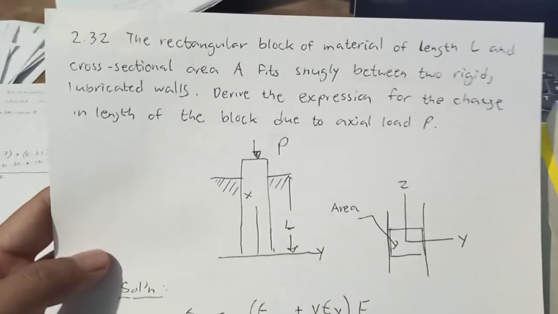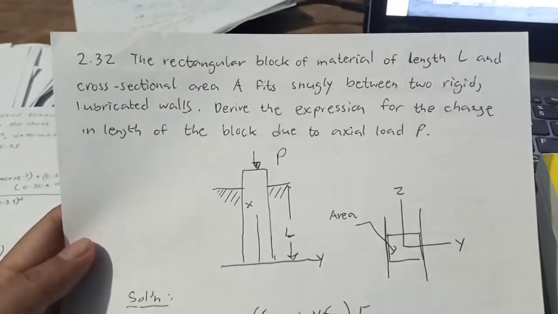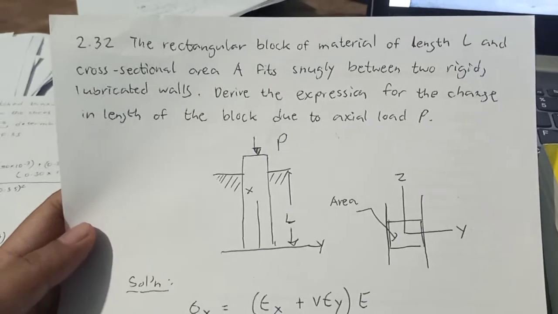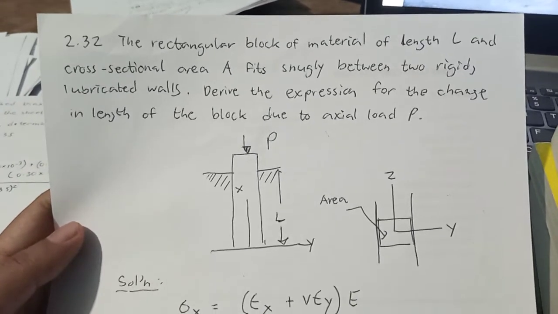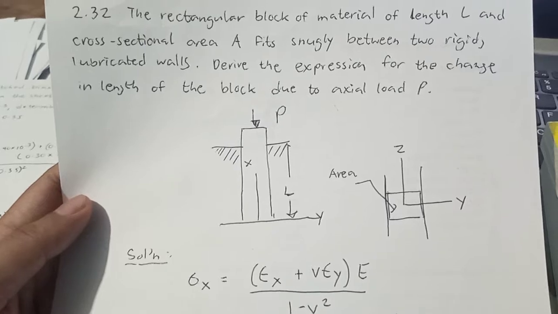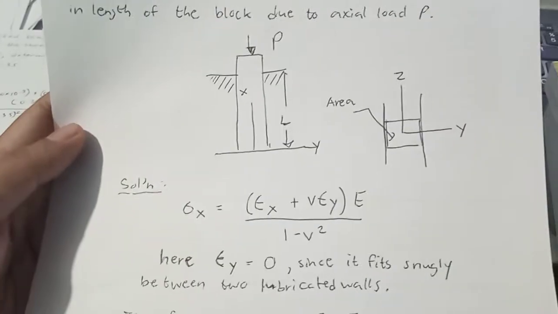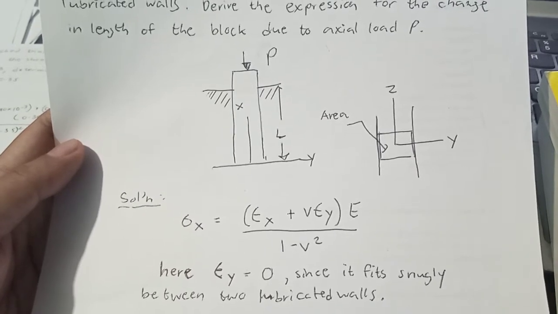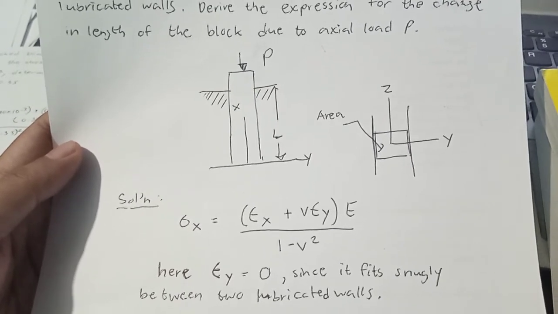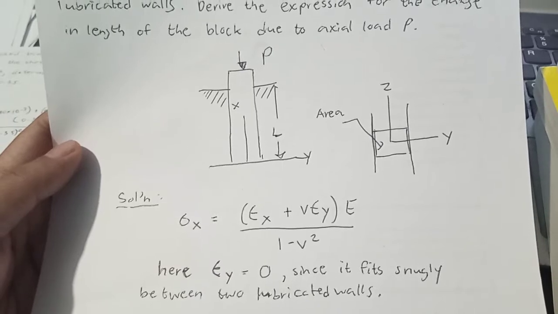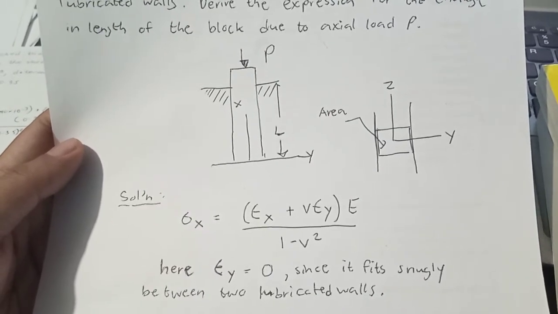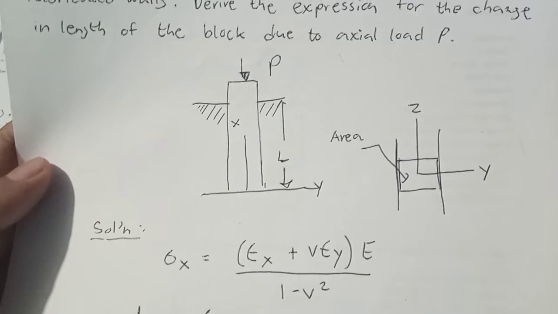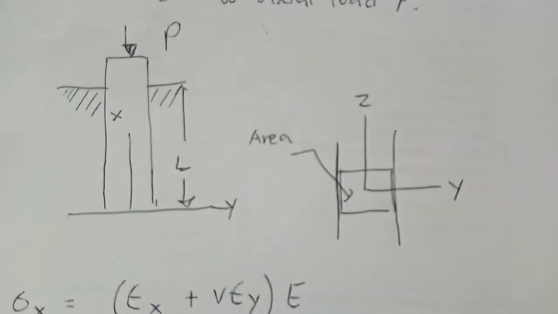I just copied everything, and again we use the equation for biaxial loading. This is the equation. Since epsilon y, the strain at y, is equal to 0, it could not move along the y direction, only in the x direction.